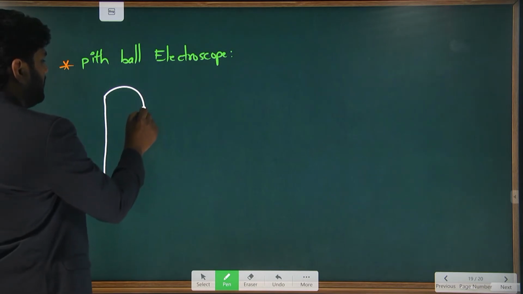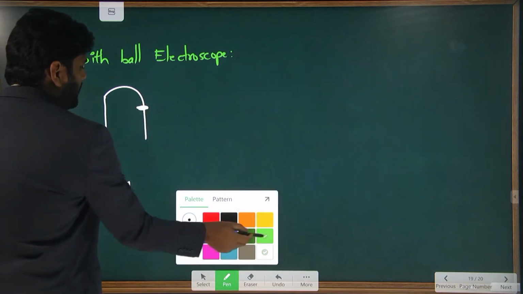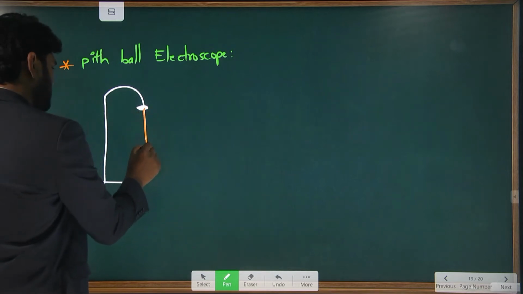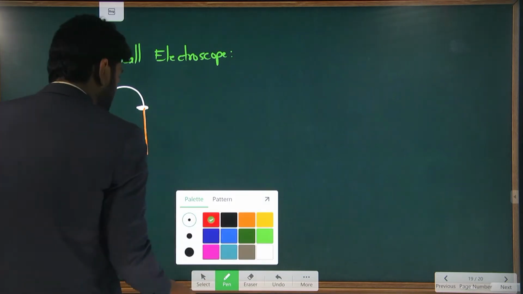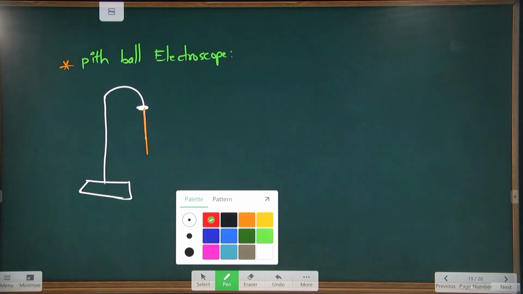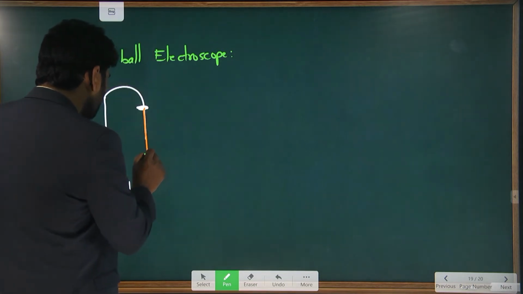From this non-conducting hanger we take a string, which is also non-conducting. At the end of the string there is a ball, which is called the pith ball.